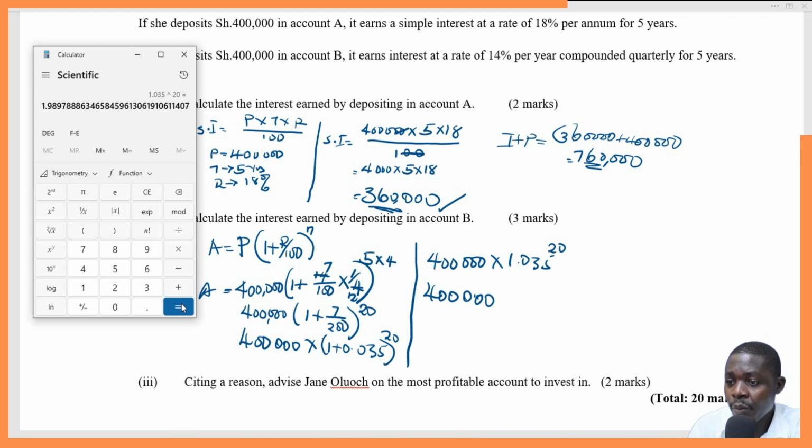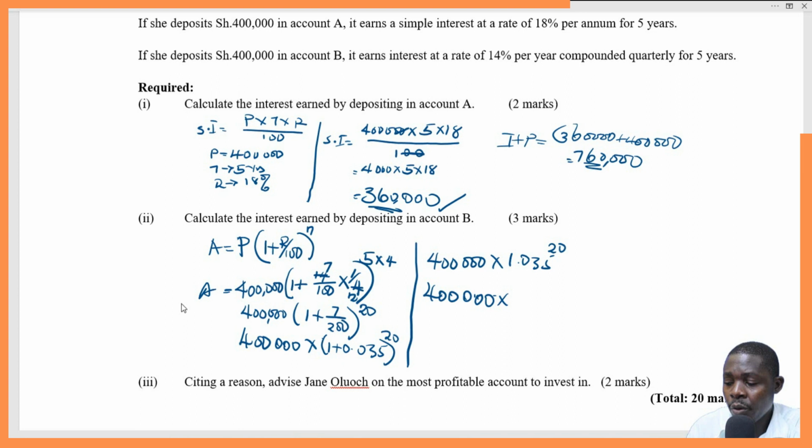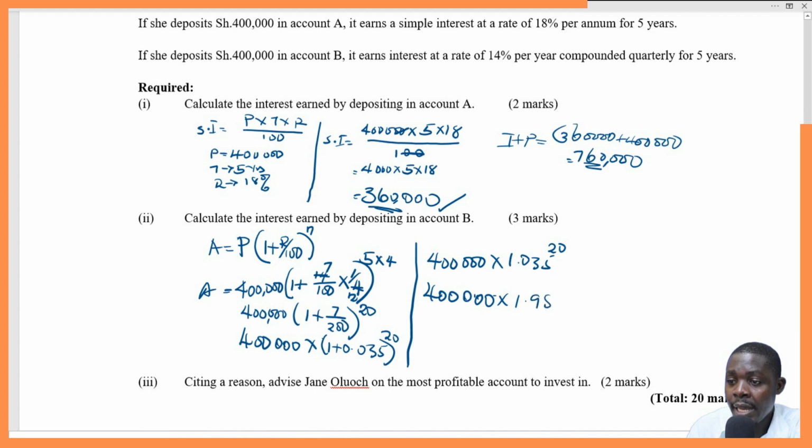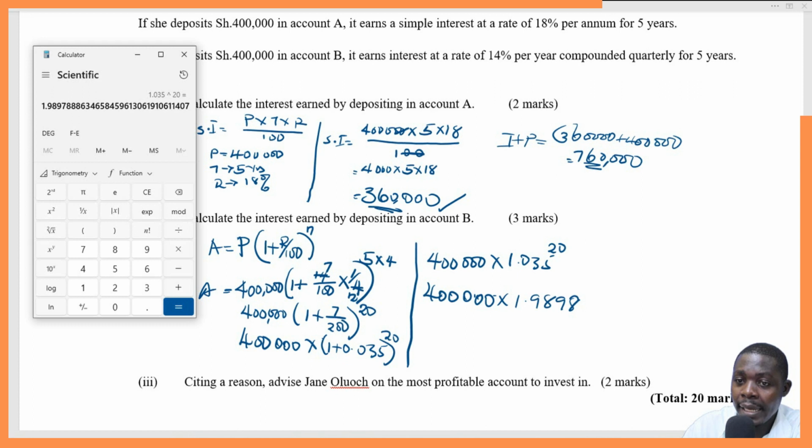Now in this case, we multiply that figure here, we are just picking 4 decimal places, which is 1.9898. I'm rounding off to that because we are having many digits there. Now you just take 400,000 multiply by 1.9898.